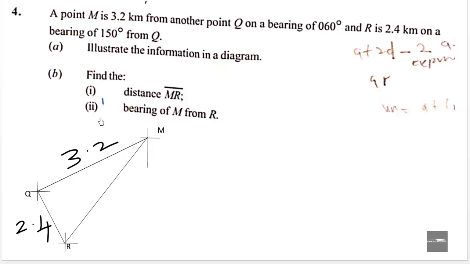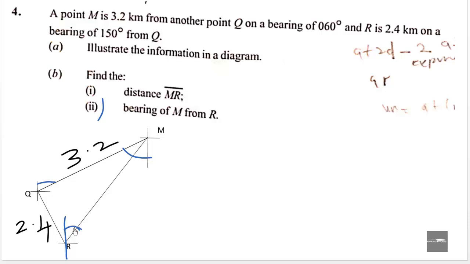So with the second part of B, we are calculating the bearing of M from R. So this angle here, and that angle will be equal to, but before that, we know that this angle here is 60. So the whole angle here will also be 60.